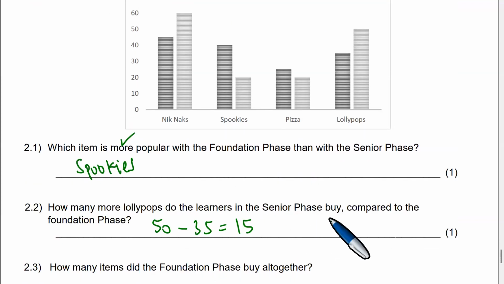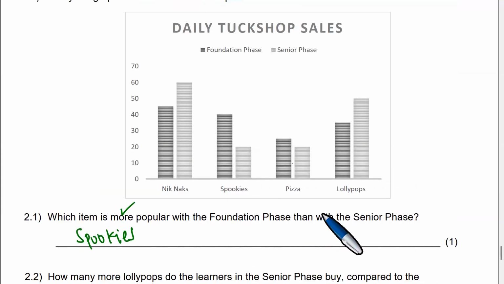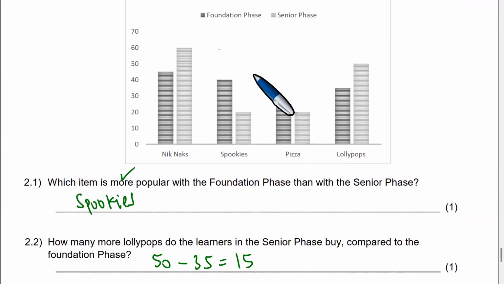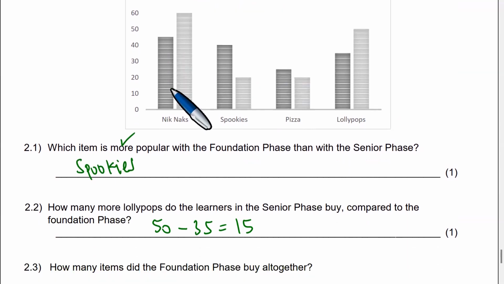Because you're going to see that the foundation phase are the darker ones. So you can see that here they are 45, and here they are 40. Here they are 25. Here they are 35.